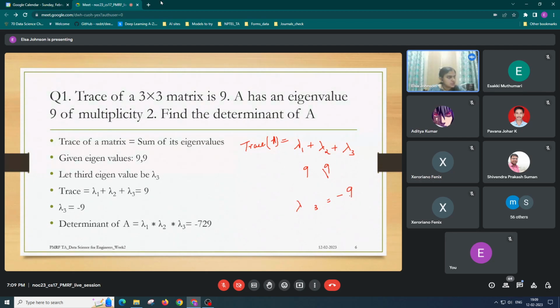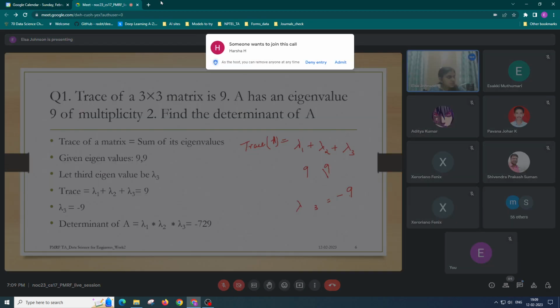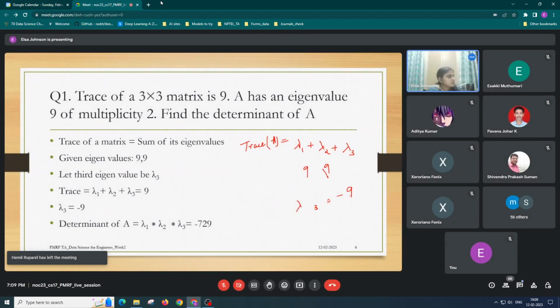Sorry, I didn't see some questions. Do we have to solve the system? Were you asked to find the null vector in any question?